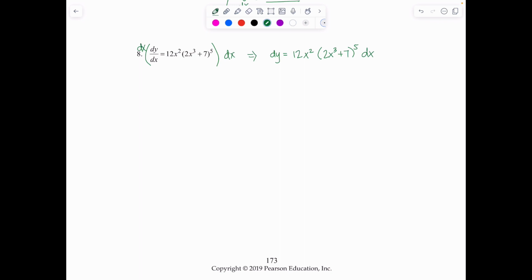And now we can take the integral. So we'll let u be what's inside, so that way it'll just be u to the 5th. 2x cubed plus 7. So du will be 6x squared, actually, dx.